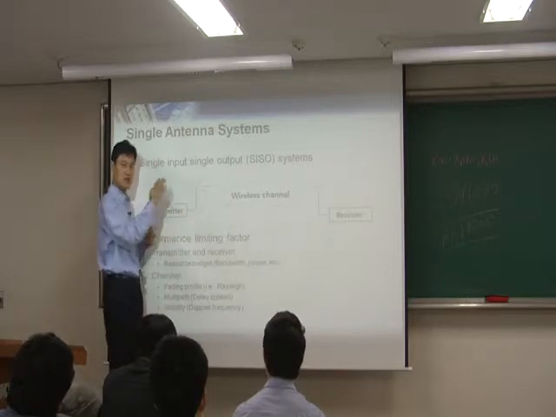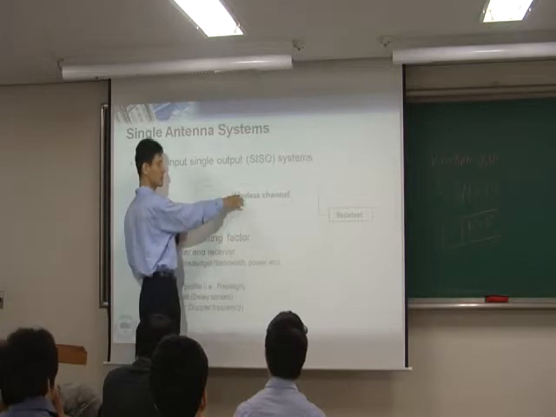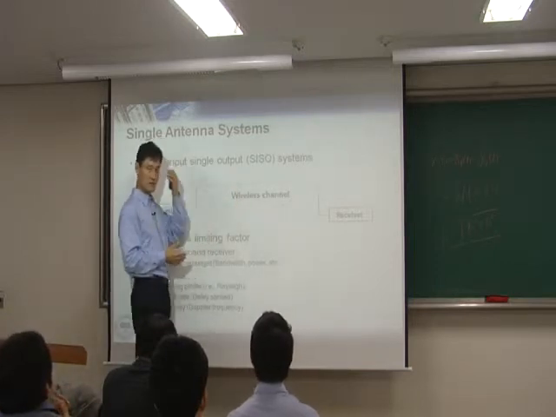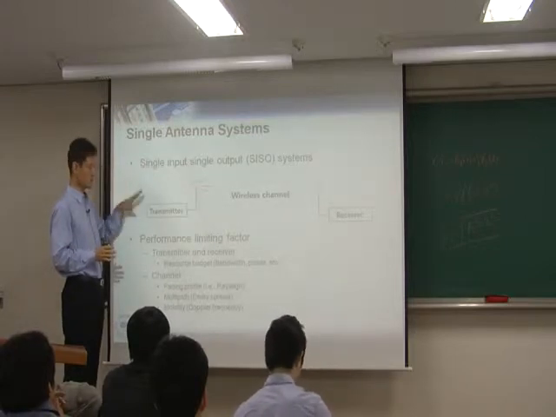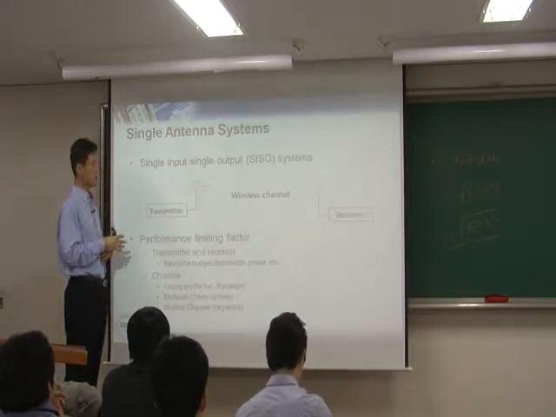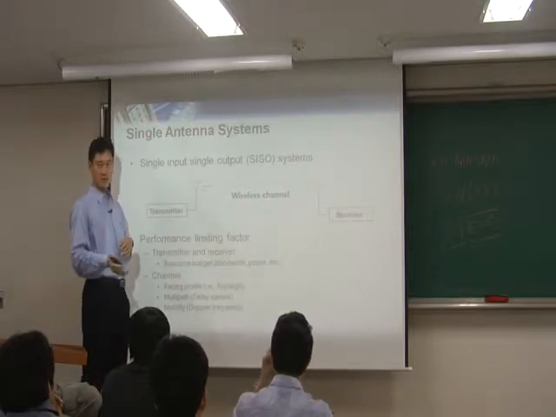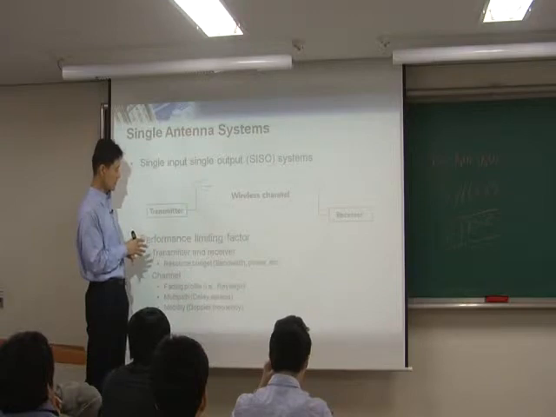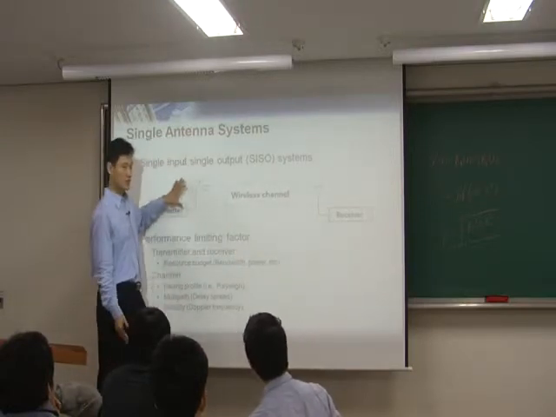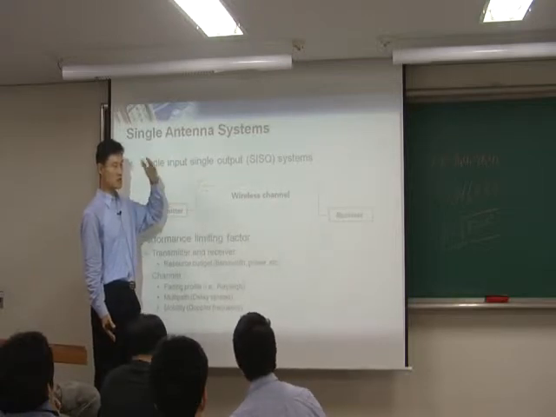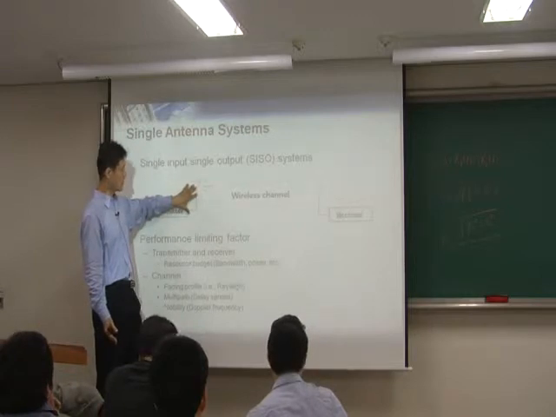But that's not always the case. There's a certain restriction, based on the standard or on government regulation. Whatever it is, there is always a restriction. Especially at the transmitter, you cannot transmit power beyond a certain level. There will always be a power budget.